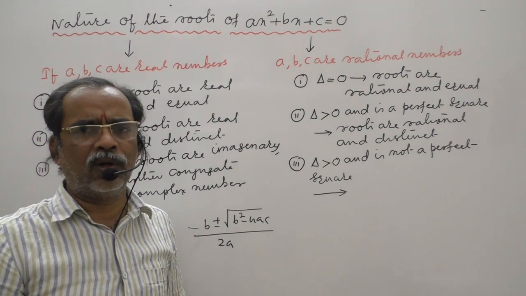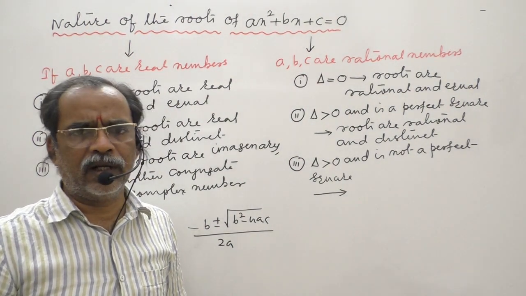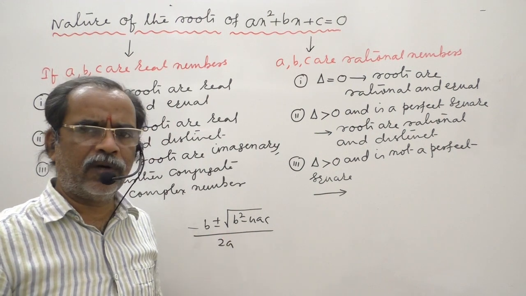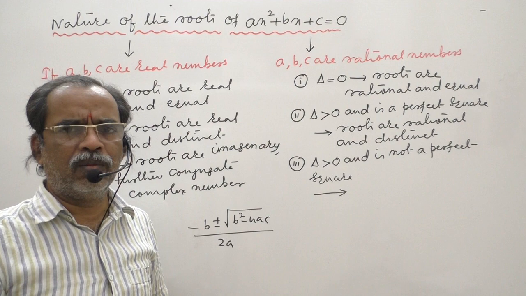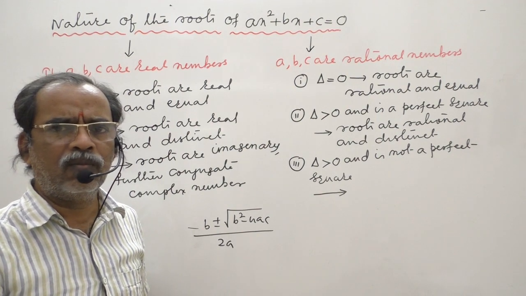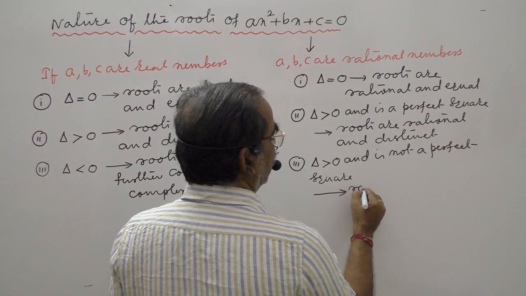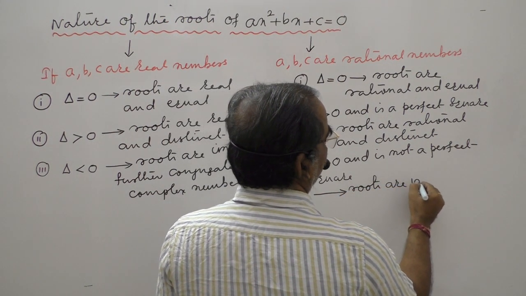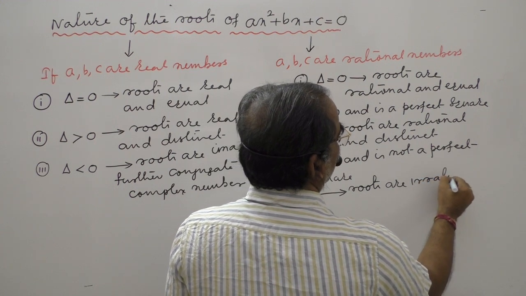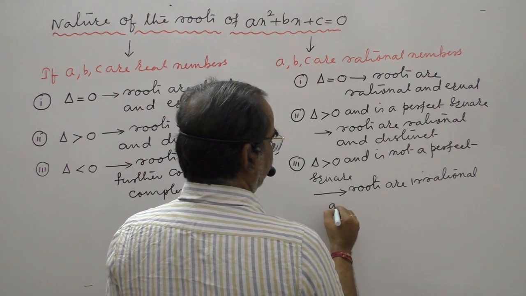It is not 4, 9, etc. It is something like 5, 6, 7, etc. If 5 is there, root 5. What is root 5? It is an irrational number, it remains as it is only. So therefore, in this case, the roots will be irrational. Roots are irrational. Irrational and different.